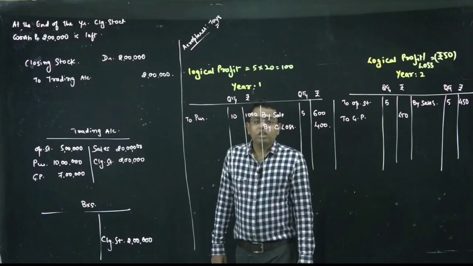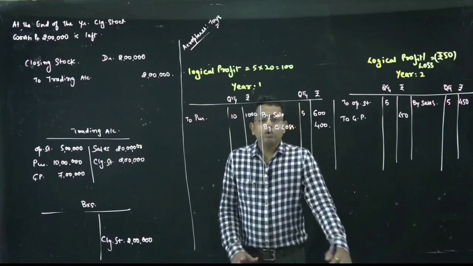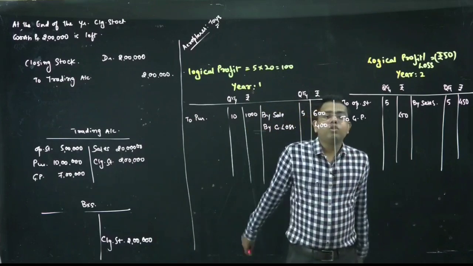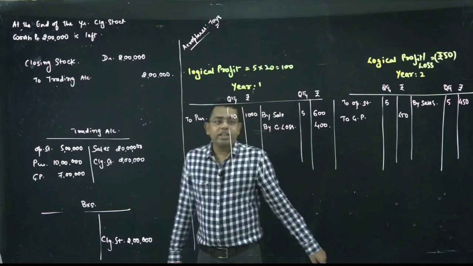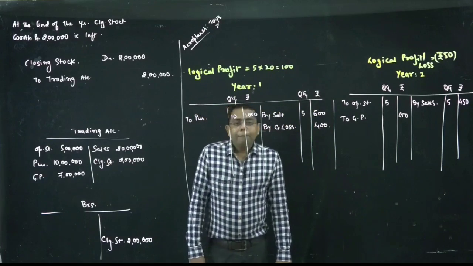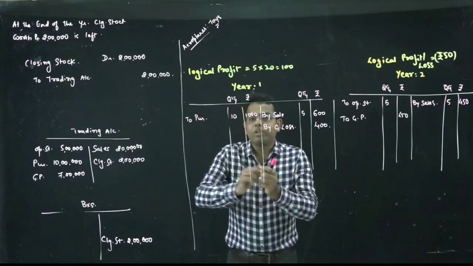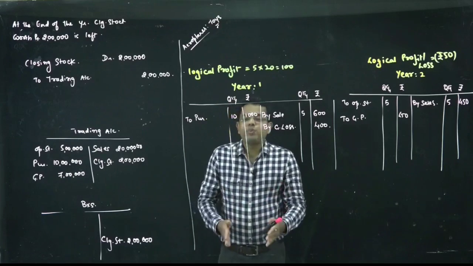But do you think the accounts are logical? No, sir, our logical answer was 100 rupees profit in the first year and a loss of 50 rupees in the second year. But sir, why was this not reflected in our accounts? Because we wrote a cost of 10 aeroplanes. When we are debiting something to our trading account, a P&L account, it is our expenditure.